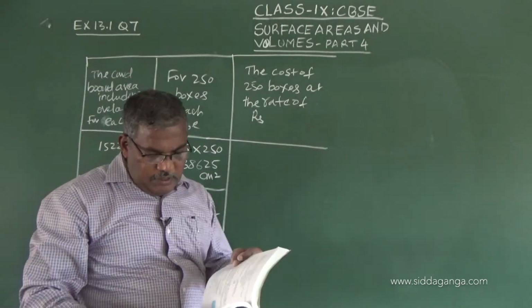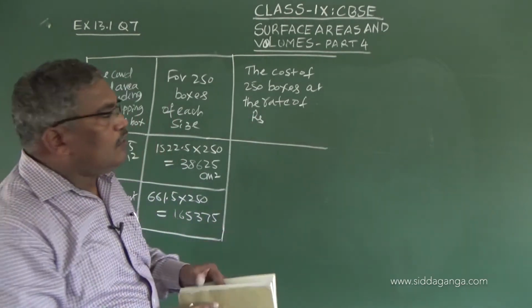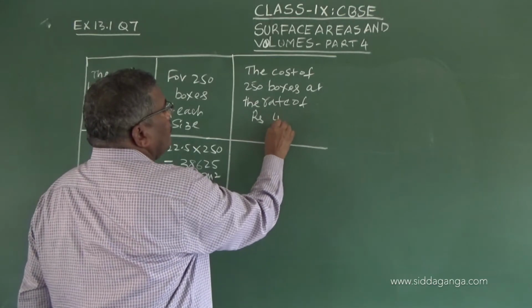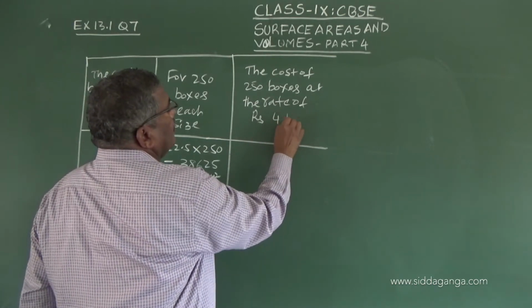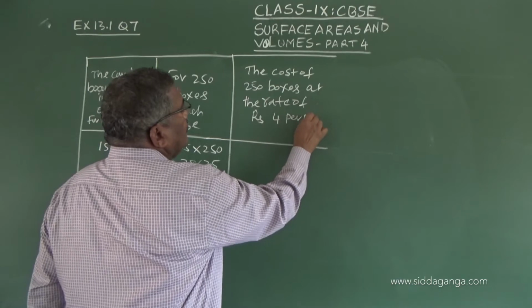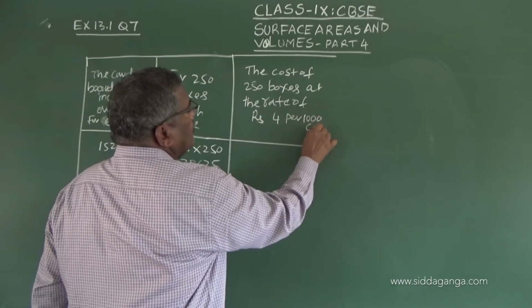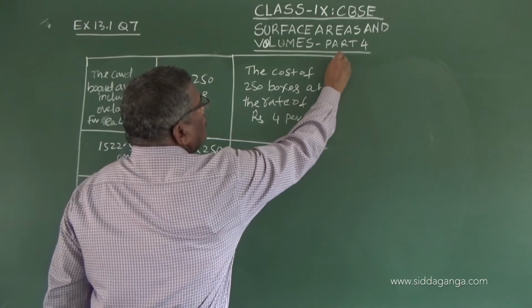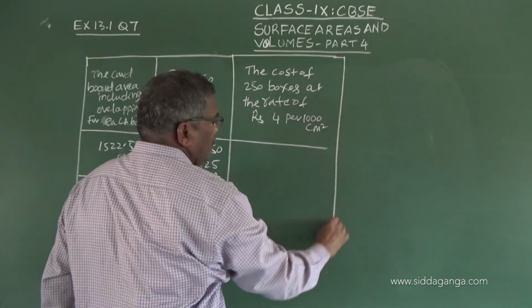How much have they given? 4 per 1000 centimeter square. So this we have to calculate now.